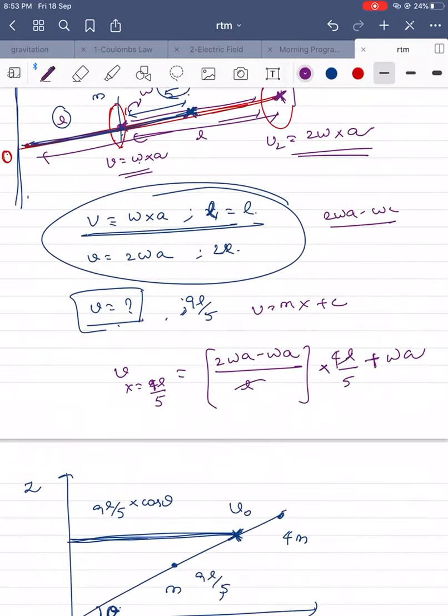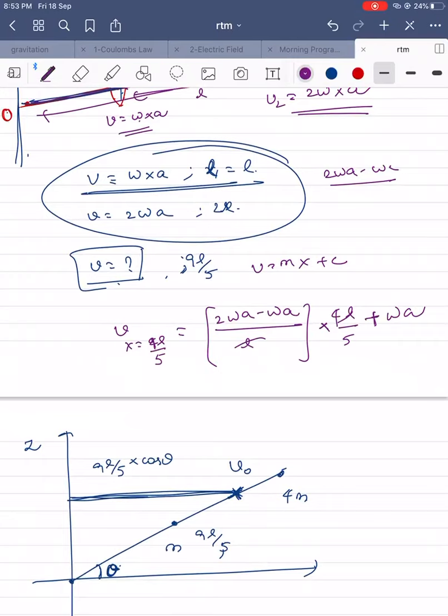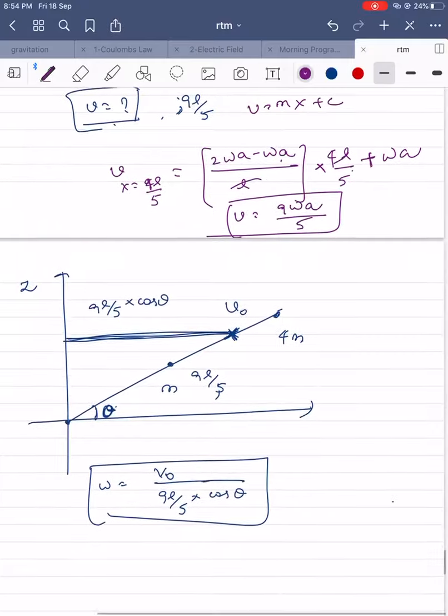So L gets cancelled and it is omega a, velocity is equal to 9 omega a by 5. So this is the velocity, omega a is remaining for 9 omega a by 5.